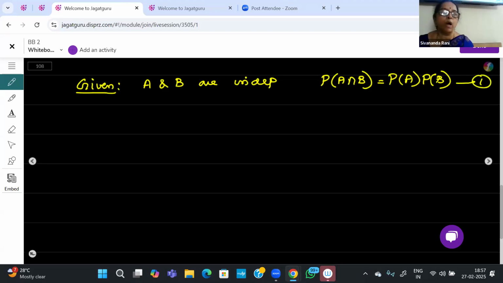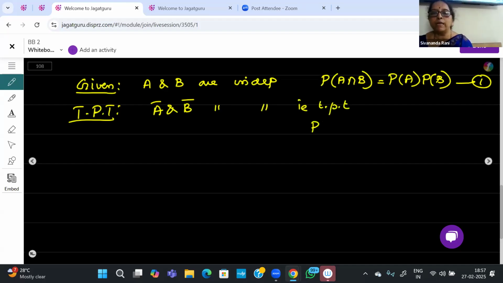And what should I prove? I am supposed to prove that both their complements are also independent. That means A bar and B bar are independent. So I'm bringing more clarity. I want to prove that probability of A bar intersection B bar is P of A bar into P of B bar. Call this as 2.